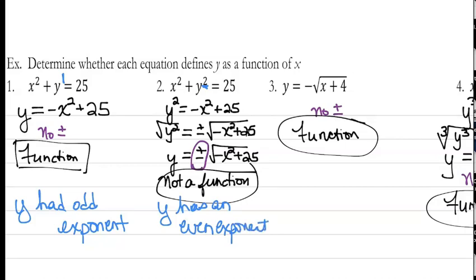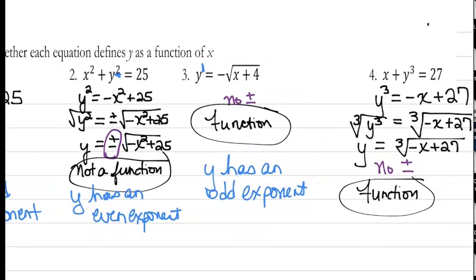On the third one, y had an exponent of 1. That's odd. And on number 4, the y had an exponent of 3.